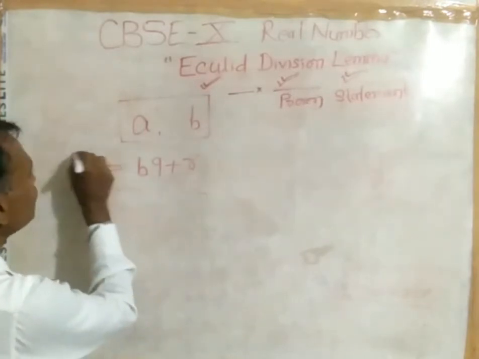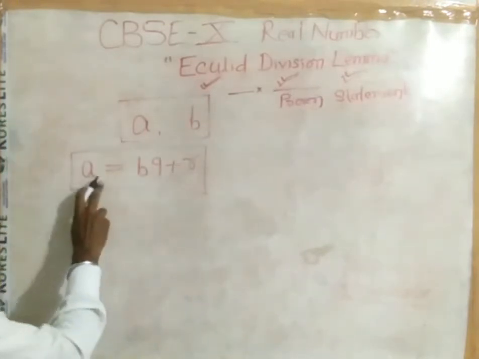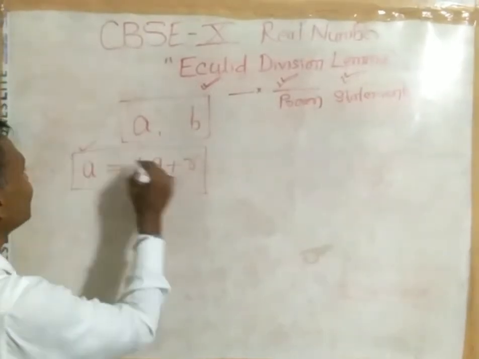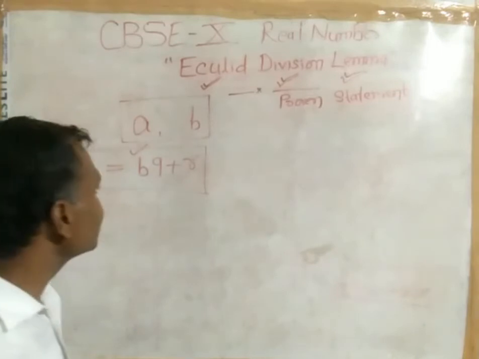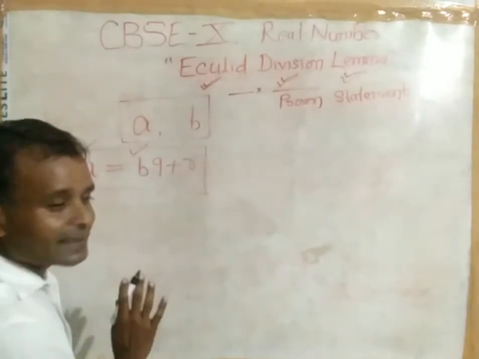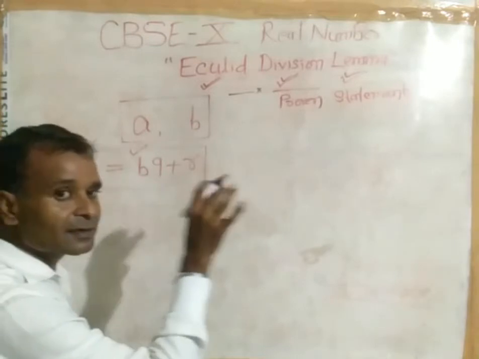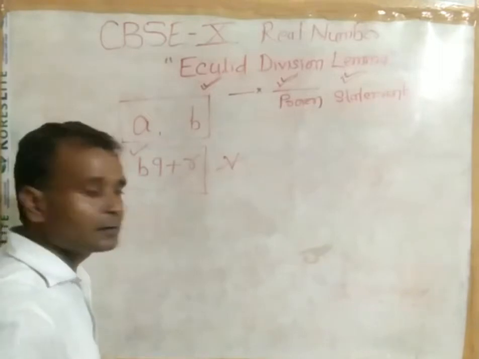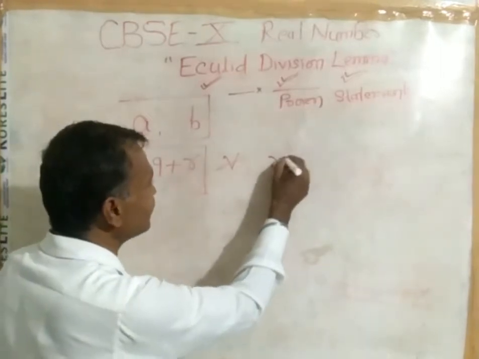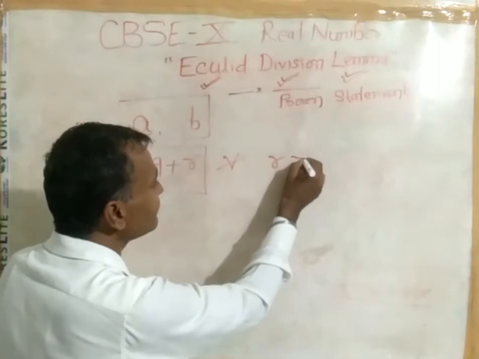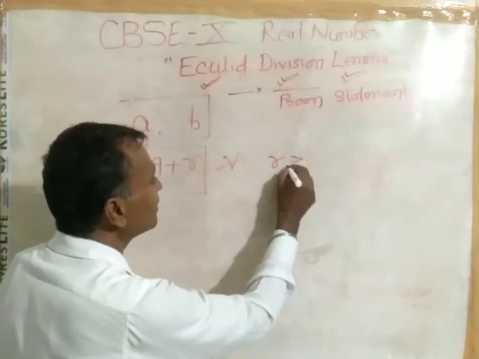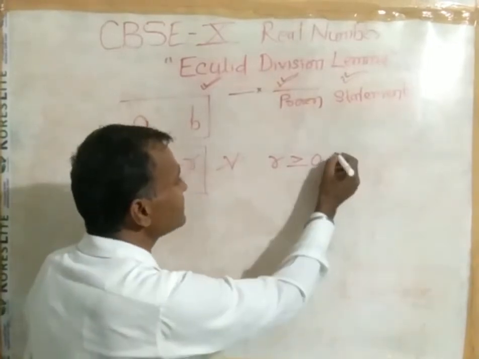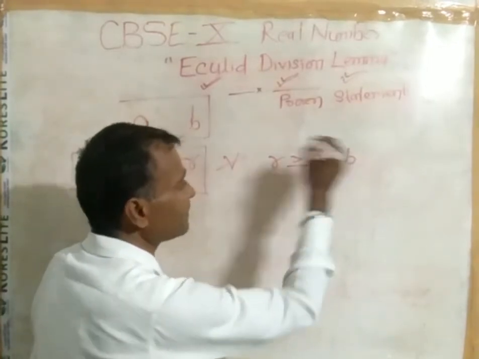Then it must verify this statement a equal to bq plus r, where a and b are two positive integers, r is the remainder and q is the quotient. One more thing, r is greater than or equal to 0 and smaller than b.